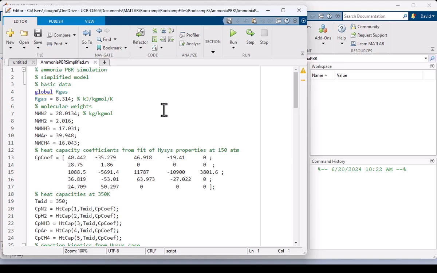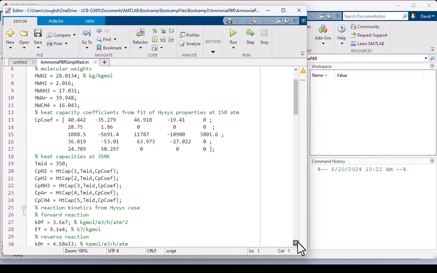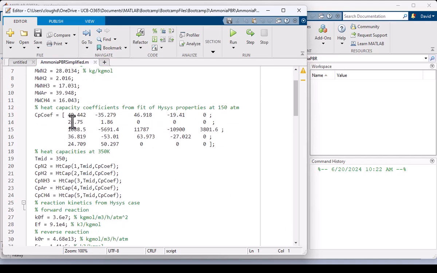So you can see here that we have a gas law constant, we set our molecular weights, and then we set parameters for heat capacity. And here, these have been developed actually by making a fit of predictions from HYSYS at 150 atmospheres. And these are coefficients of a polynomial that is used to compute the heat capacity of each of our constituents.